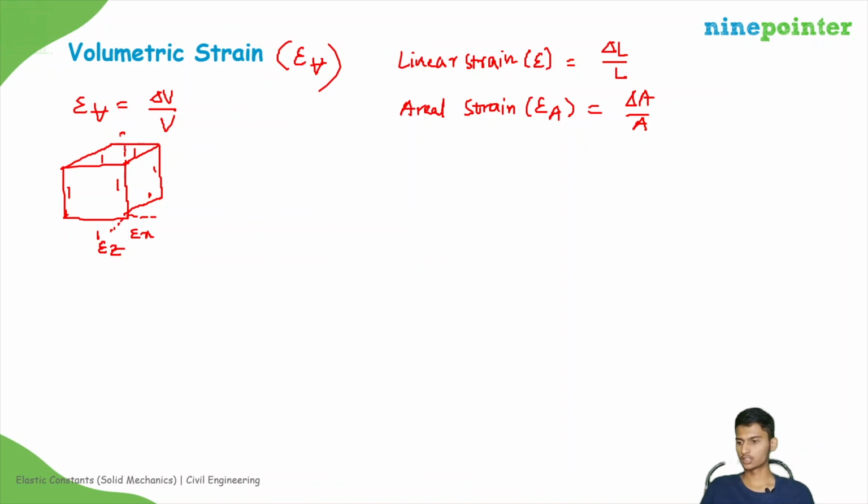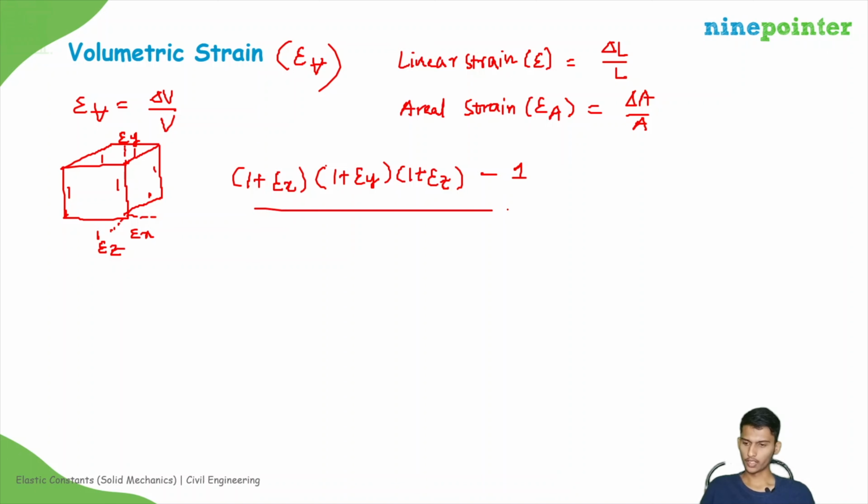Then the new volume will be (1 plus epsilon x), that is the new length in x direction, into (1 plus epsilon y), the new length in y direction, into (1 plus epsilon z), the new length in z direction. This is the final volume minus the initial volume, that is 1, divided by 1, the original volume. That will be delta V by V, right?